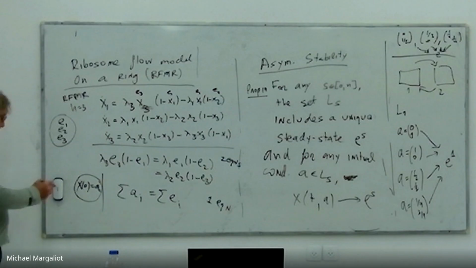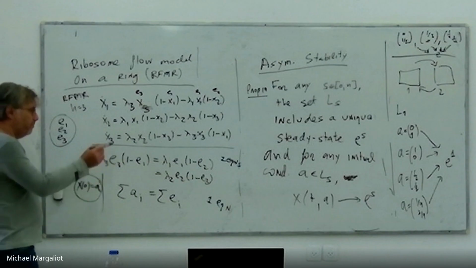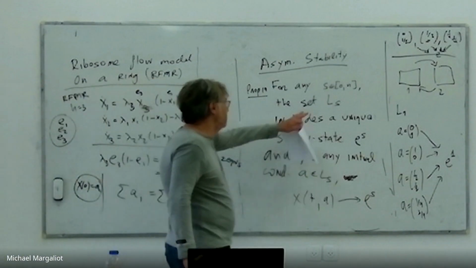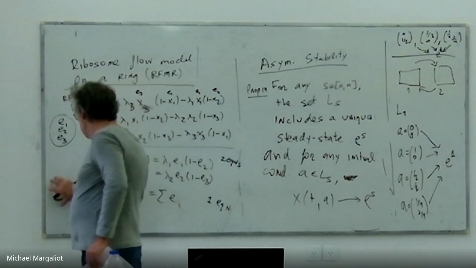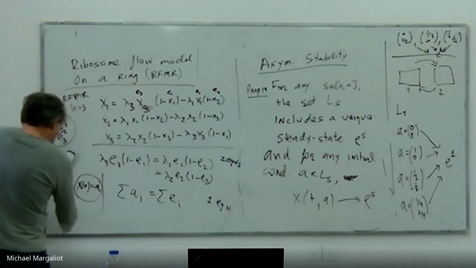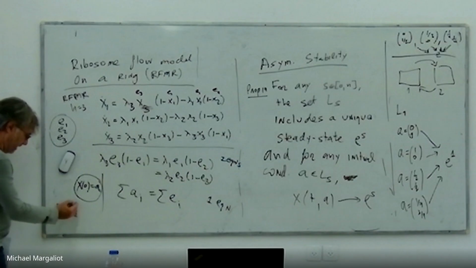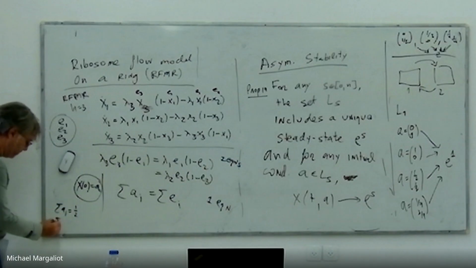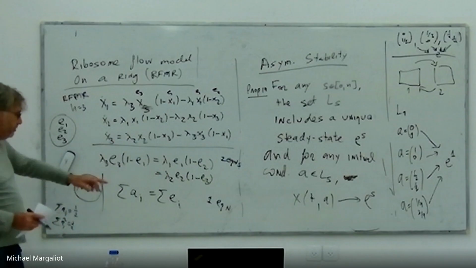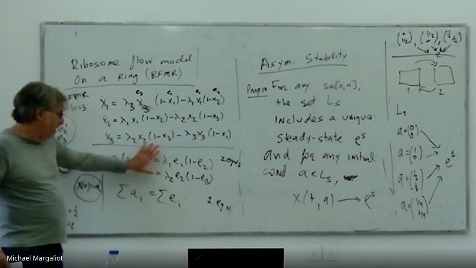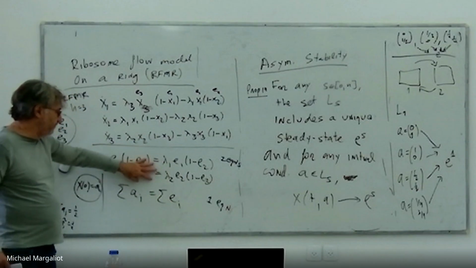And of course, if I take a different initial condition, but in the same level set, so imagine that sigma A_i, just as an example, is 1/2. If I take a different initial condition, but again with the same density, sigma A_i equal to 1/2, then of course I will converge to the same equilibrium. Why? These equations remain the same.